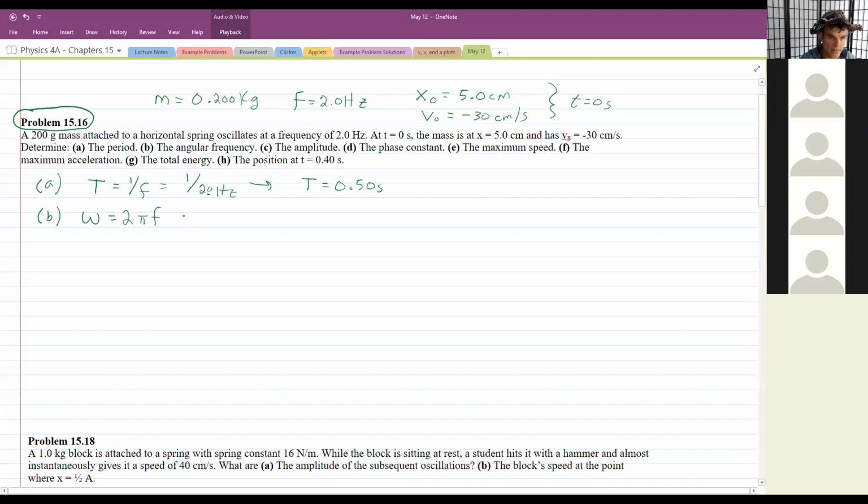So we've got the frequency is 2 Hertz, and so my angular frequency is just going to be 4 pi radians per second. Remember, radian is not a real unit, it's really just a distance divided by another distance, so it doesn't have a unit like normal units. C, the amplitude.